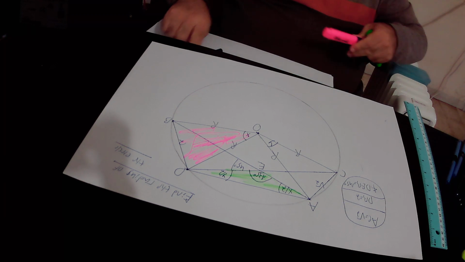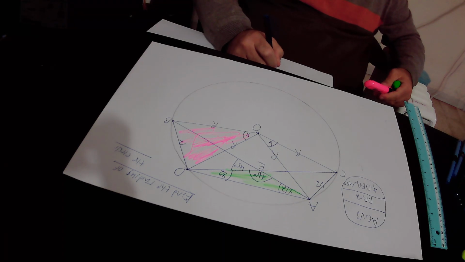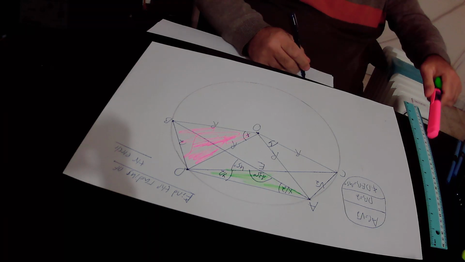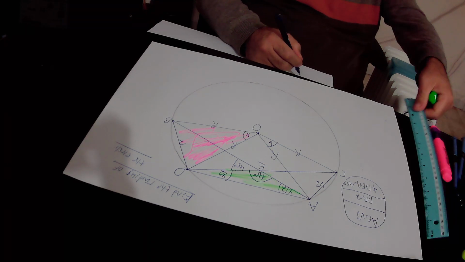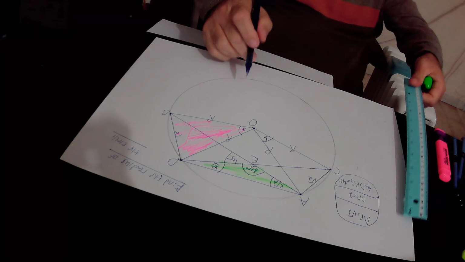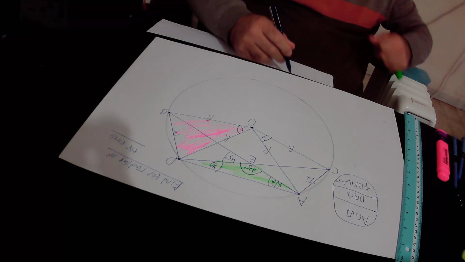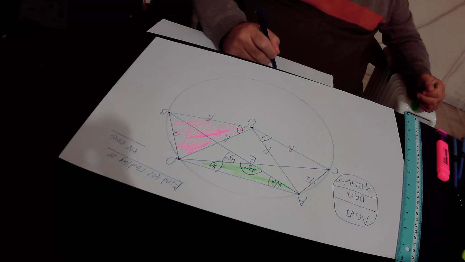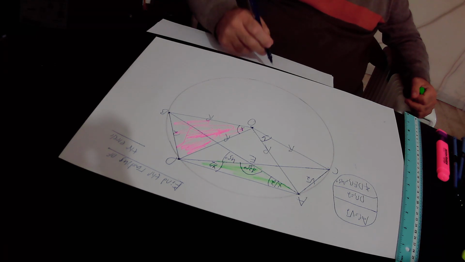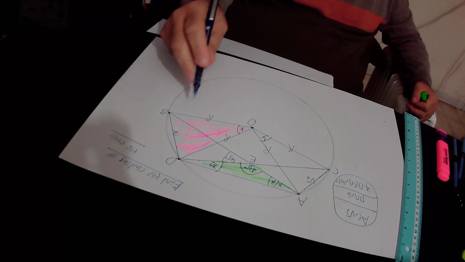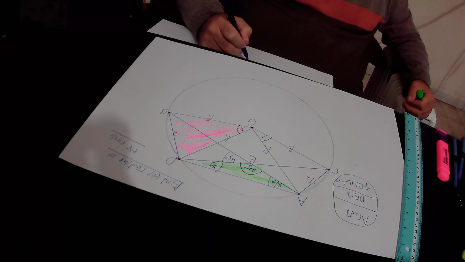So, in the pink triangle, triangle BOD, according to the law of cosines, we get that cosine x equals r square plus r square minus 2 squared, that is 4, over 2 times r times r.